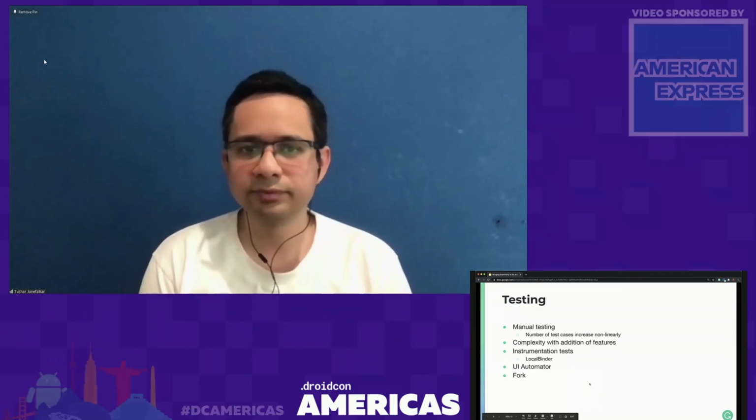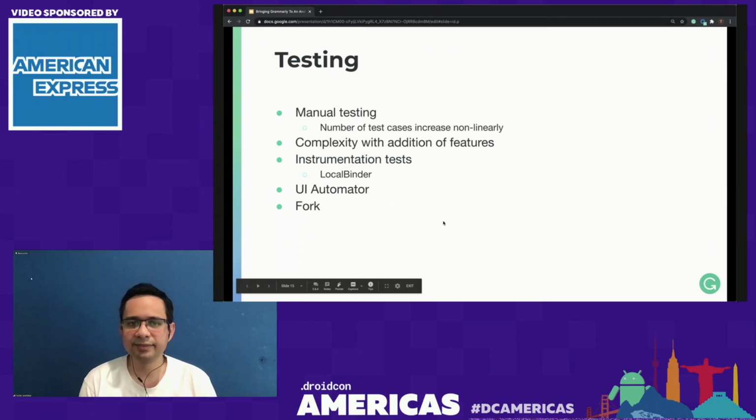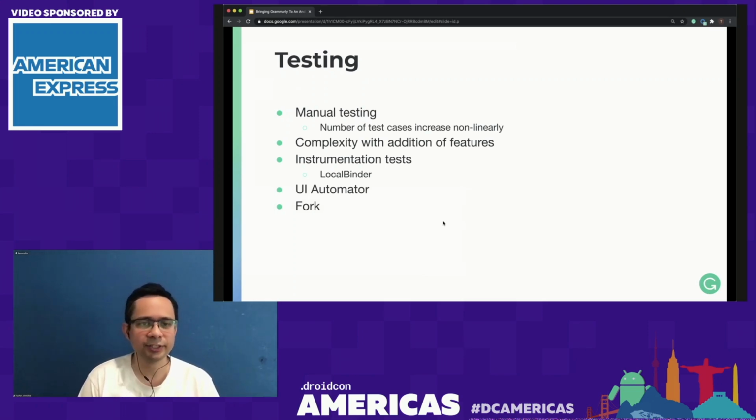And finally, there's testing. As you can imagine, testing a keyboard with all these non-app constructs can be quite interesting. So we use a combination of strategies. One is manual testing for more exploratory testing, where testers can play around with the keyboard and find corner cases, since we've found manual test cases don't scale well with the more features you add.